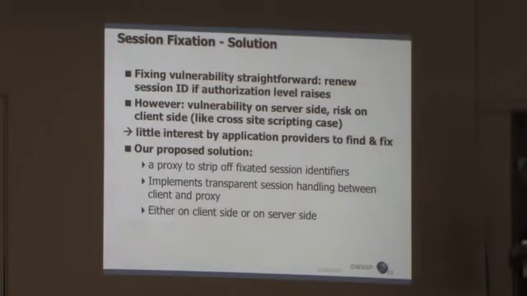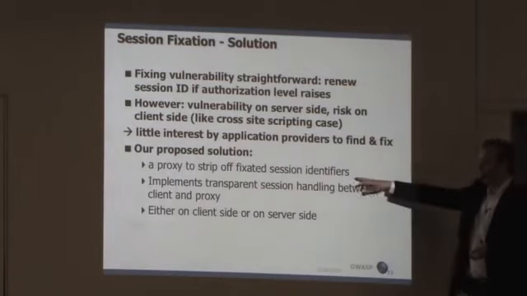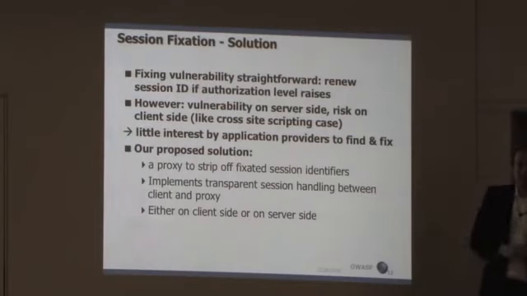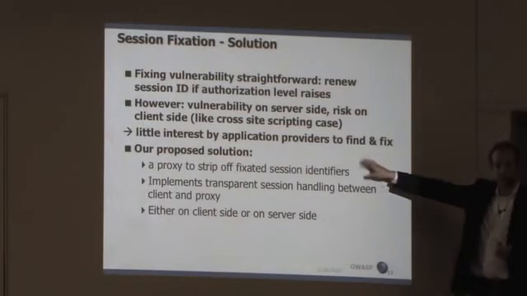So the proposed solution is to build a proxy which runs on the server side, or on the client side, that is. But for a moment, think about it running on the server side in front of the web application, which strips off all session identifiers that come from the web.